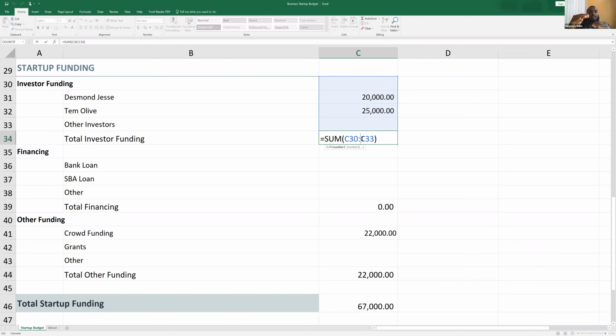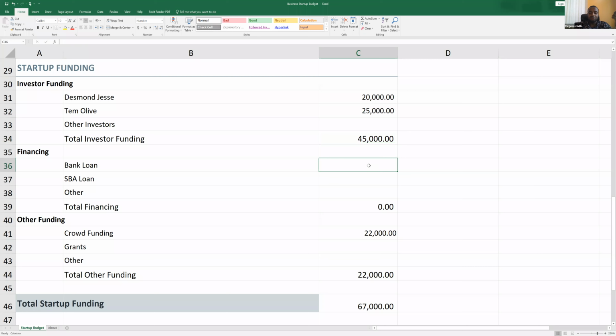So once you have that kind of investor funding, you'll now go to the second kind of financing. The second one is the basic financing, where you can have the bank loan, right? Maybe you can have the SACCO loan. So you can put it in case you have any other source of funding. For us, I don't see Tem Olive or Desmond Jesse going for any kind of loan.